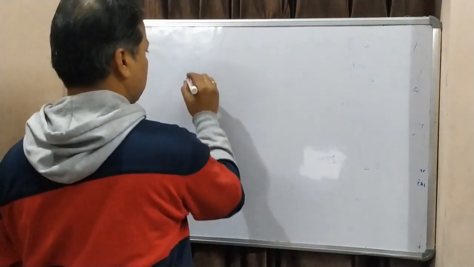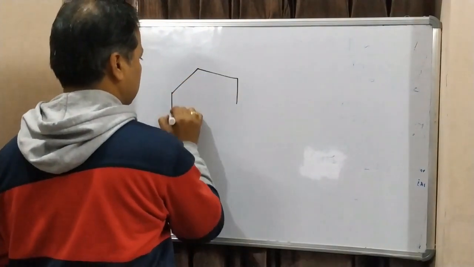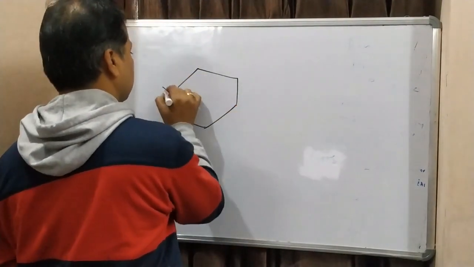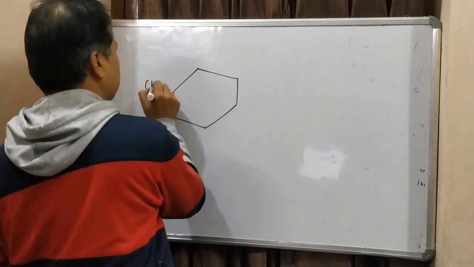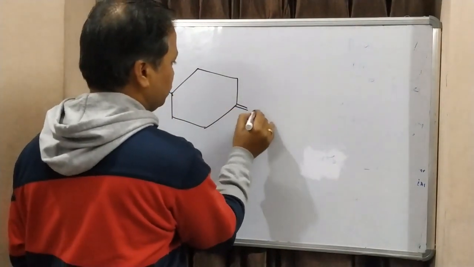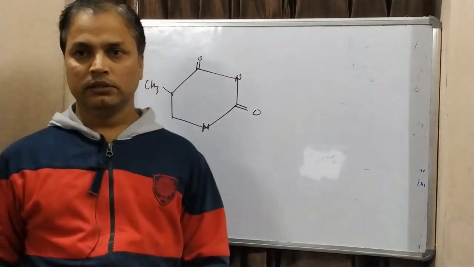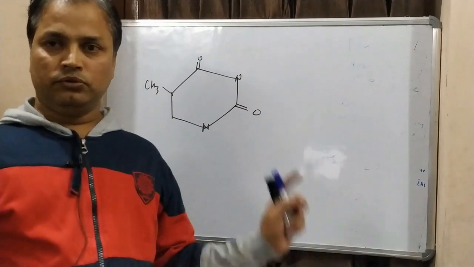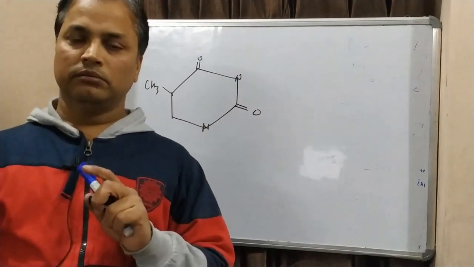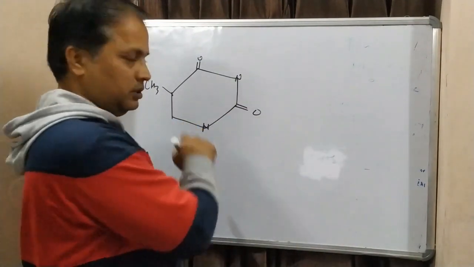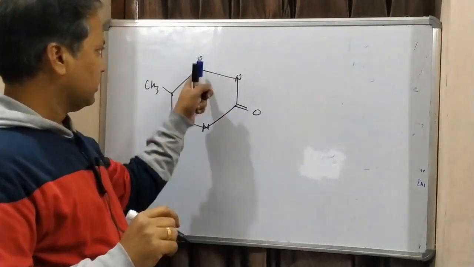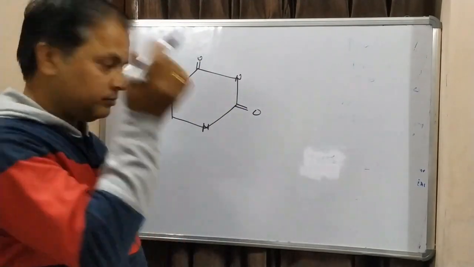Now, thymine can exist. Thymine's structure, if you see it, was 5-methyl 2,4-dioxy. Now this is keto form, because at both the places we have a keto group.